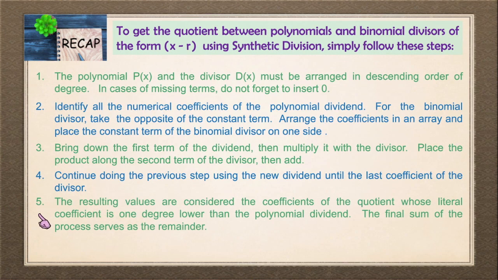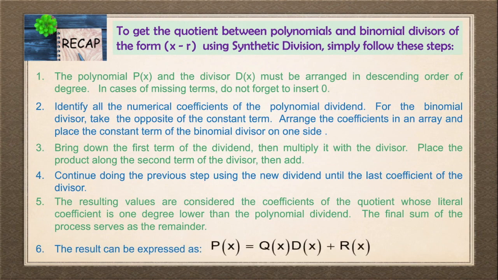And 5. The resulting values are considered the coefficients of the quotient, whose literal coefficient is 1 degree lower than the polynomial dividend. The final sum of the process serves as the remainder.